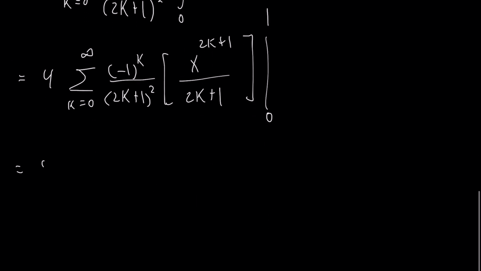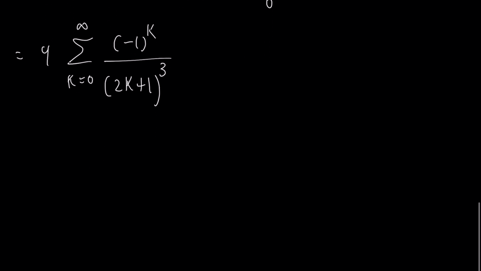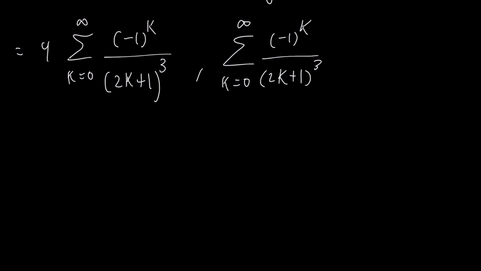But that clearly is 4 times the sum from 0 to infinity of (-1)^k divided by (2k+1) squared times an extra 2k+1, so it'll be (2k+1) cubed. And then from here, I won't show it, but this sum from 0 to infinity of (-1)^k divided by (2k+1) cubed is a well-known series, and it evaluates to pi cubed divided by 32.